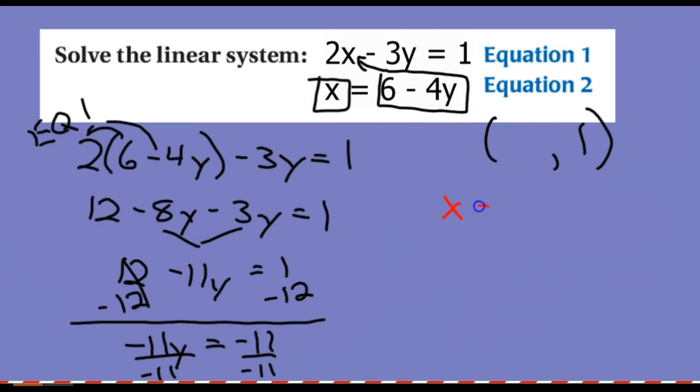So we get x equals 6 minus 4 times 1. 4 times 1 is 4. 6 minus 4 gives us 2. So our x is 2. Our solution is 2, 1.